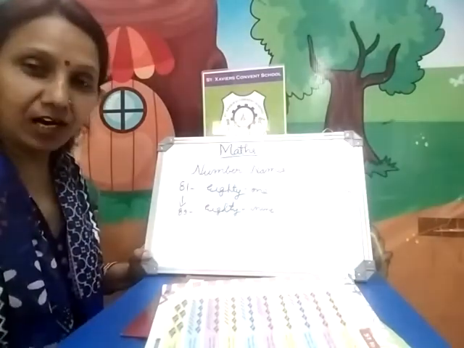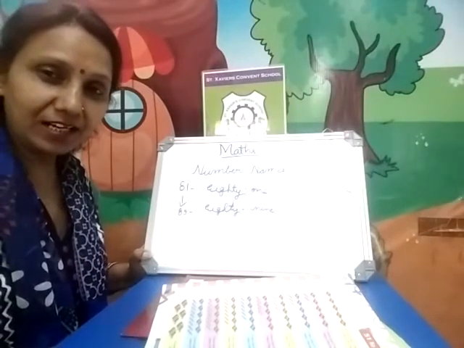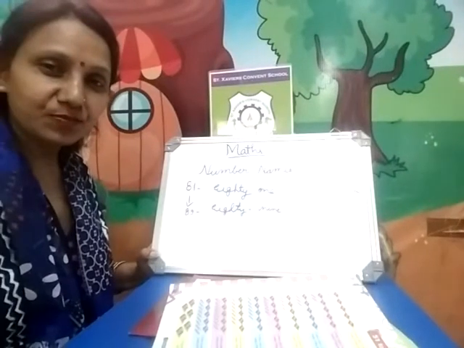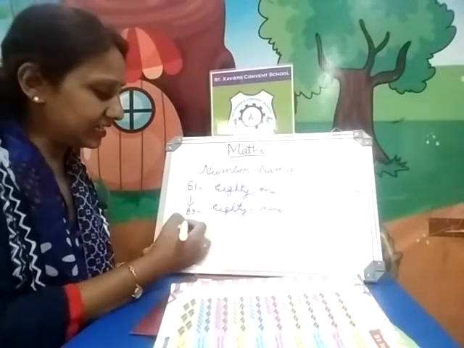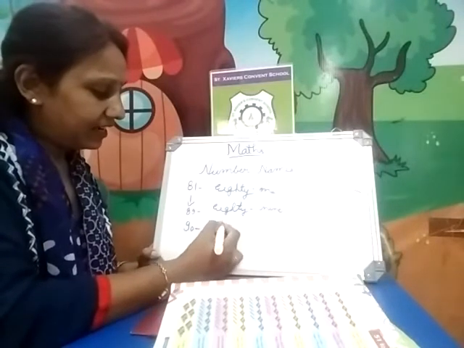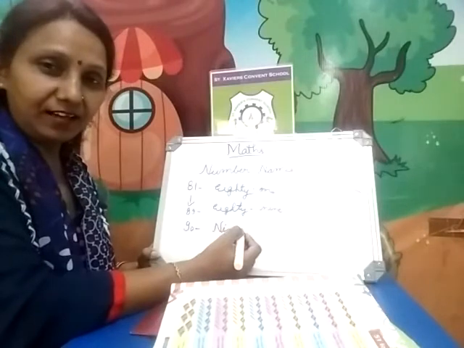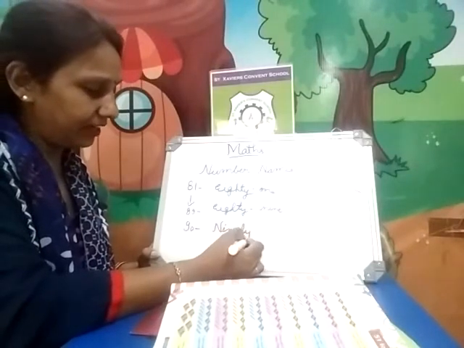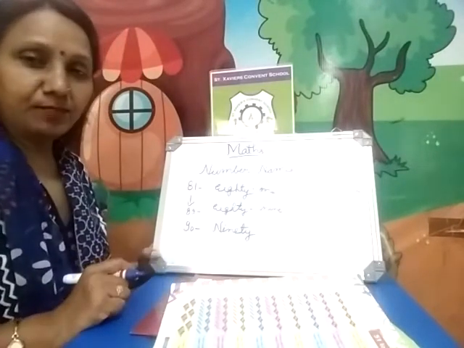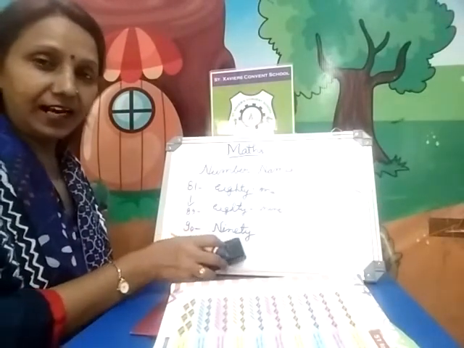Just tell me. Count and tell. What comes after 89? 90. Yes, you all know. Spelling of 90. N-I-N-E, and add there T-Y. It will become 90. Okay, you write the spelling of 9 and add T-Y there.